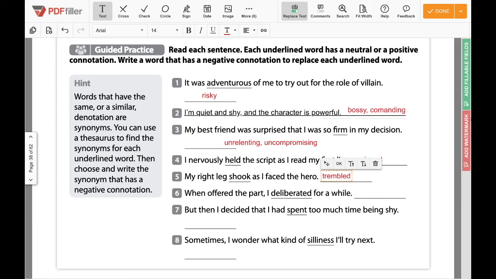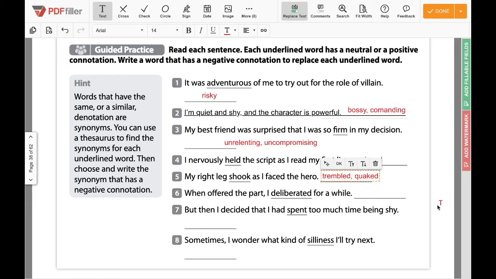Another one would be like quaked, because quake is typically taken to be more of a negative word.